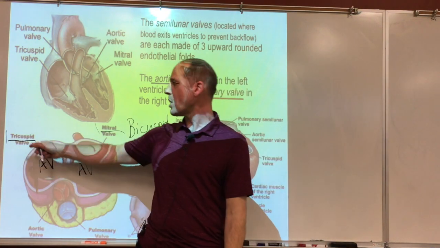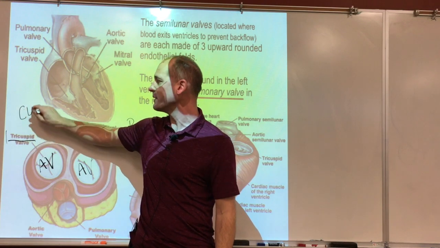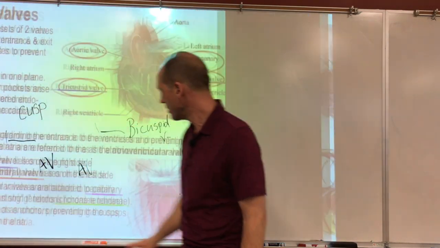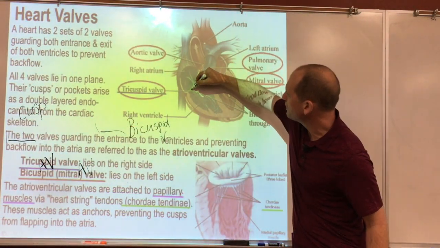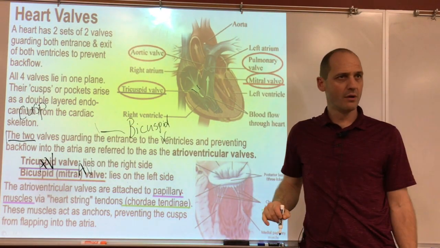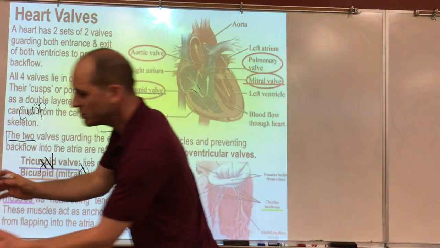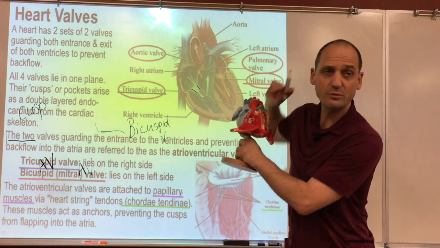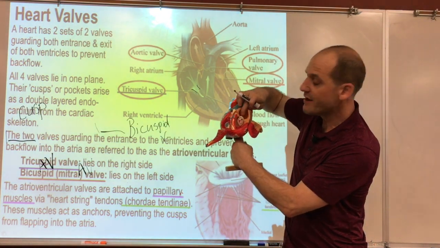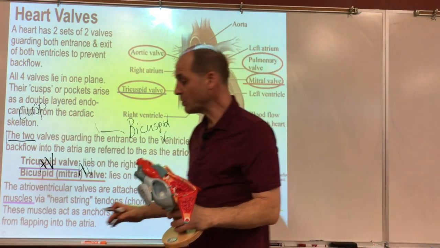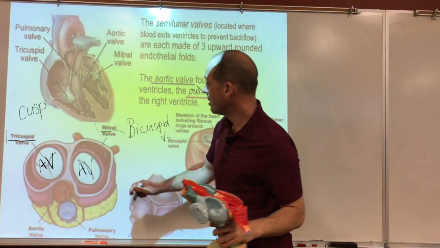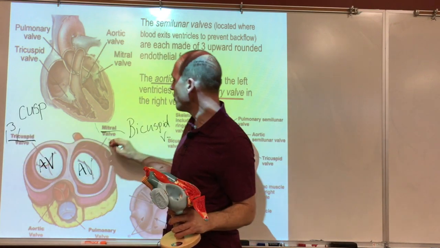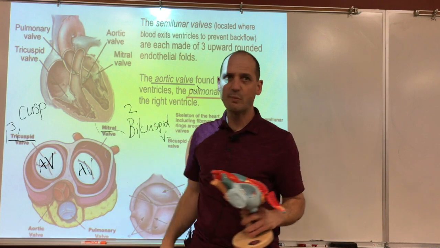The reason why they call them tri and bicuspid is that a cusp is one of those leaves, one of those flaps that flaps down and is attached to the strings. So if you look really close, on the right side you have 3 flaps, and on the left side you only have 2 flaps. That's why they call the ones with 3 flaps tri, because tri means 3, and where there's 2 flaps they call it bi, because bi is 2.